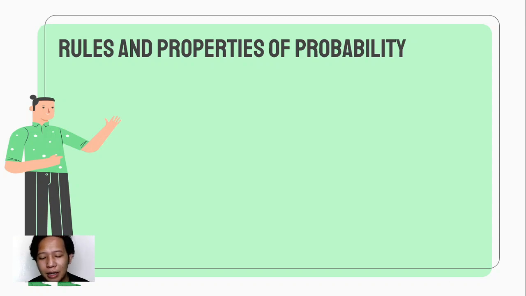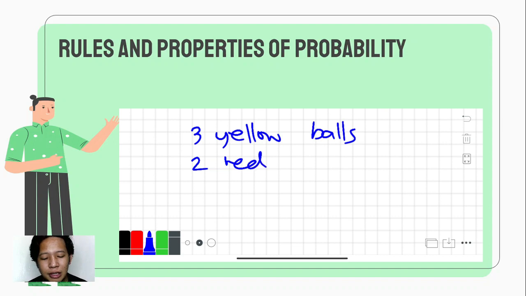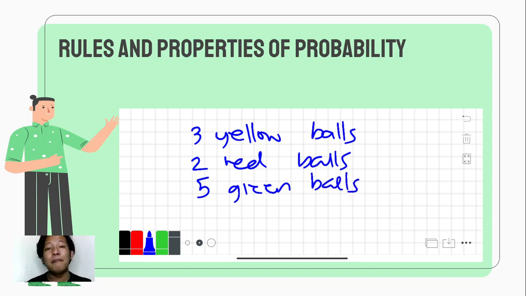Let's say, for example, you have three yellow balls, two red balls, and five green balls. And you put them inside a bowl. Okay? Lahat ng ito ay nasa isang bowl. Okay?